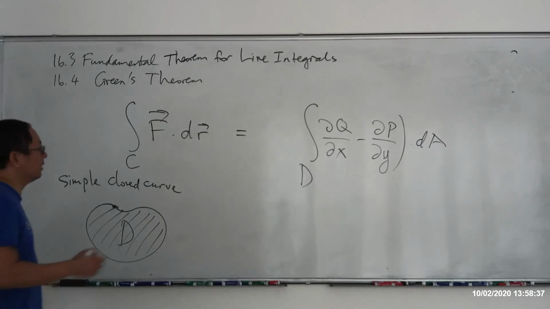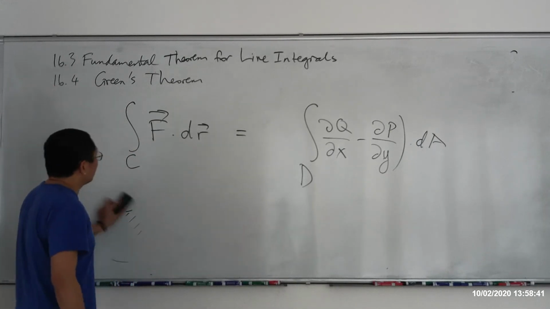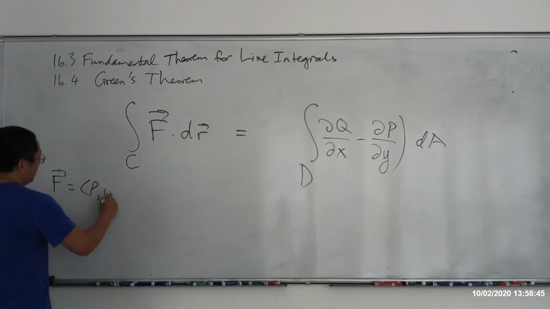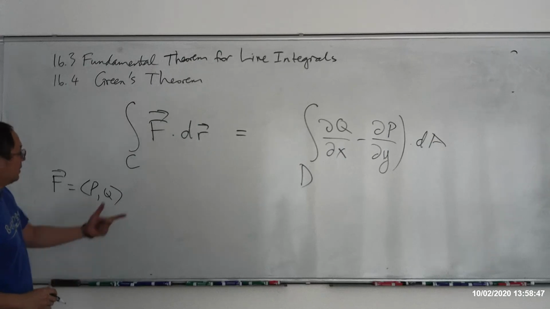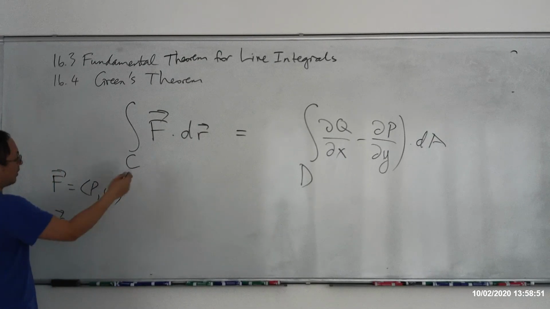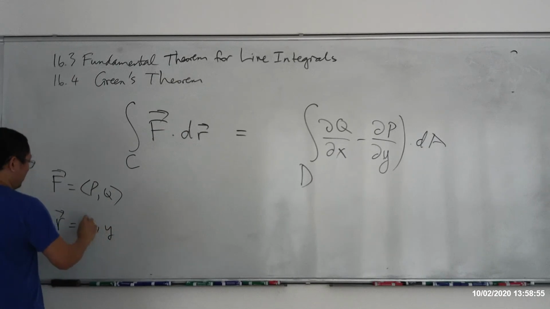Okay. And what are P and Q here? Recall that vector F is written as P, Q. And r is the equation for the closed curve, so r is x comma y, right?